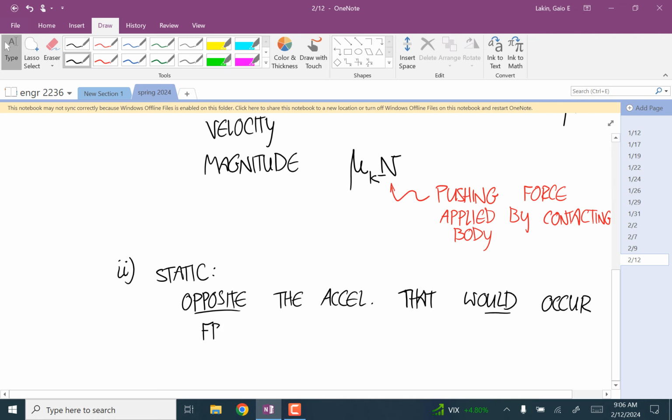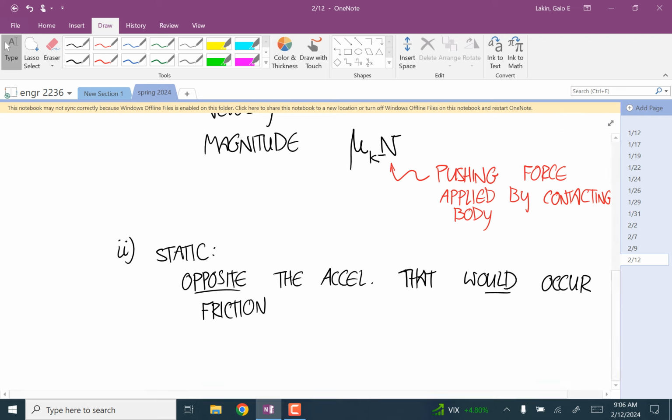So if you can't figure it out from eyeballing it, you can do the calculation without friction, see what the direction of acceleration is, and then the friction force acts in the opposite direction, and you do the problem again. That's kind of a pain, but that's how you would have to do it. Okay.